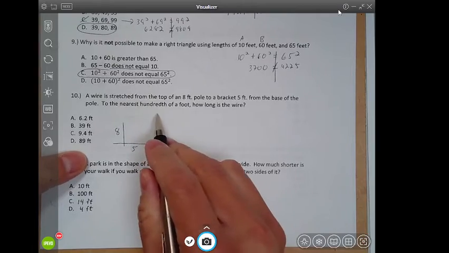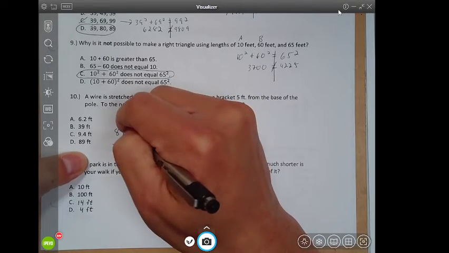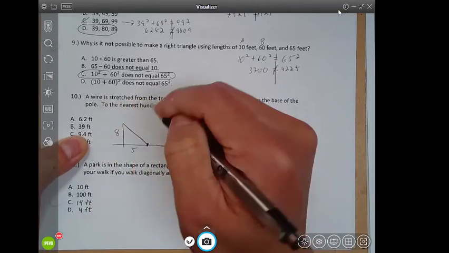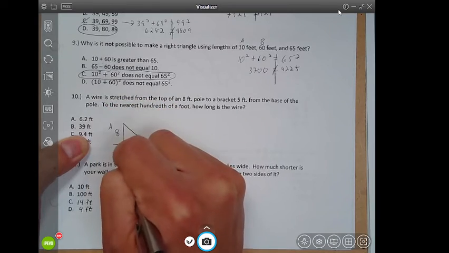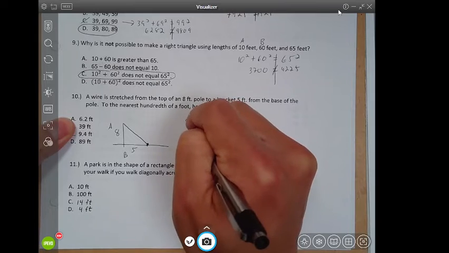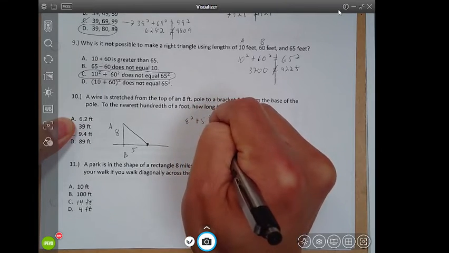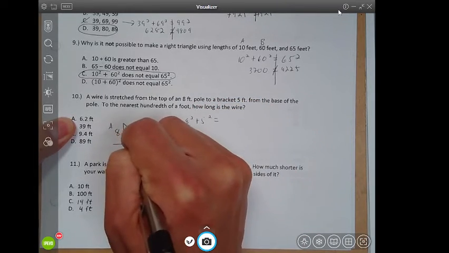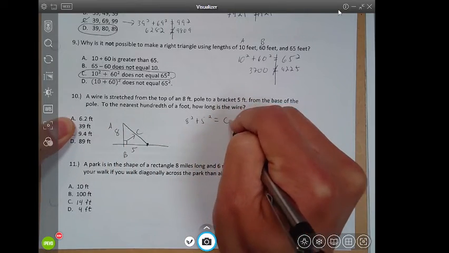To the nearest hundredth, how long is the wire? So we're looking for this wire. There's our A, there's our B. Let's do 8 squared plus 5 squared equals C squared. There's our right angle, so we're looking for C.